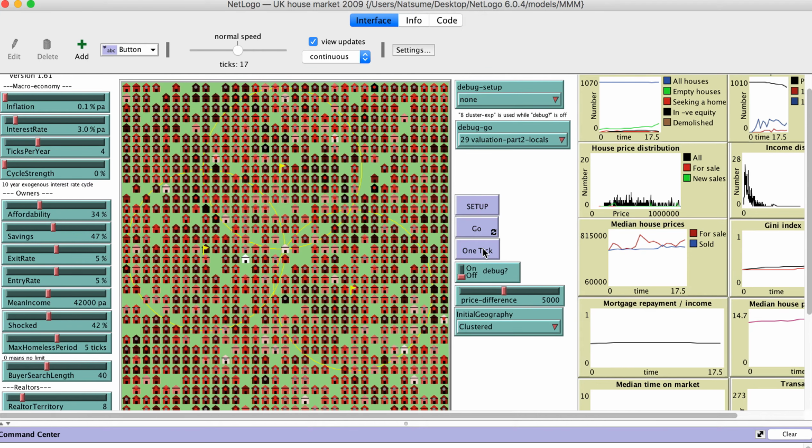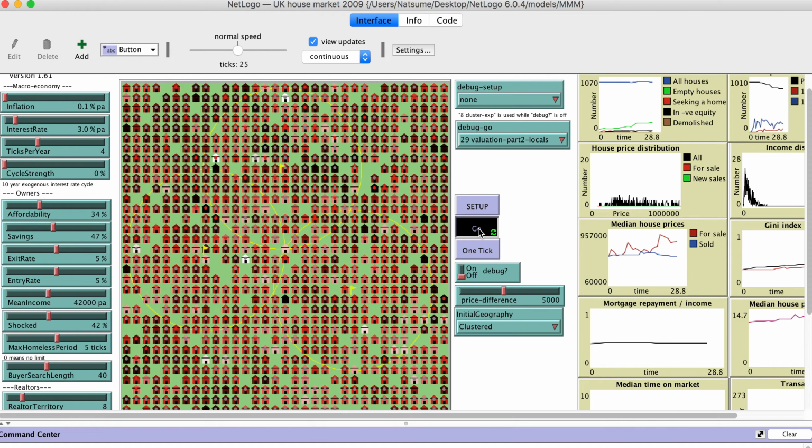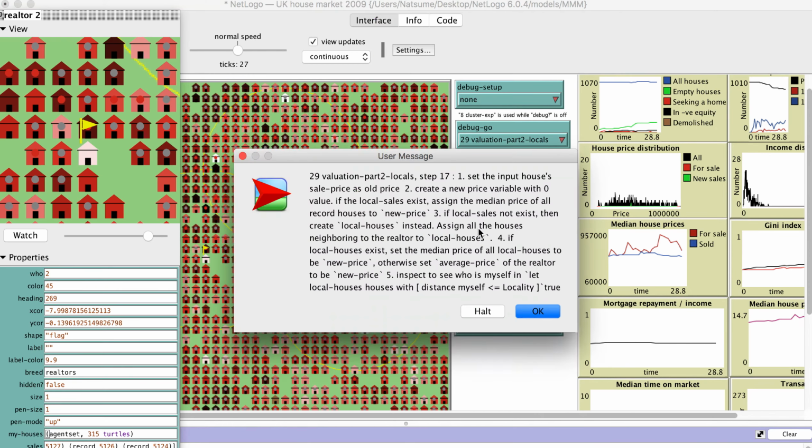Part two says, since we already got those local houses, now we can begin our evaluation work. We will set the house sale price to be the old price because we're going to give it a new sale price. We're going to give it a new evaluation.